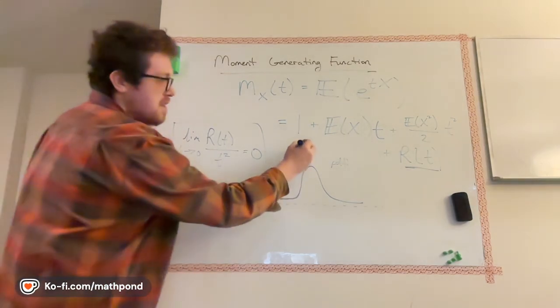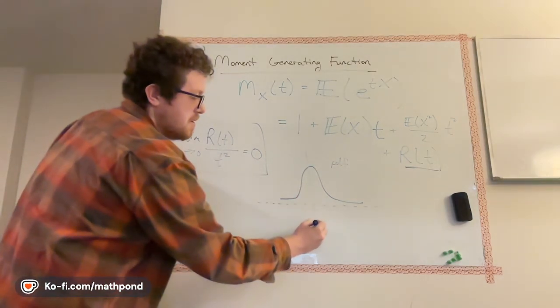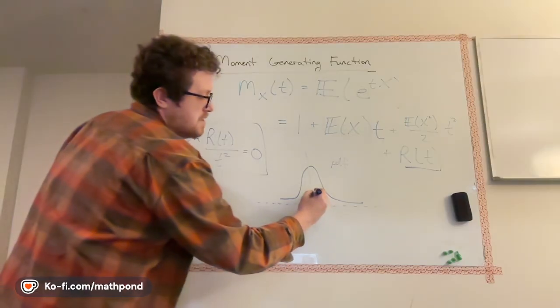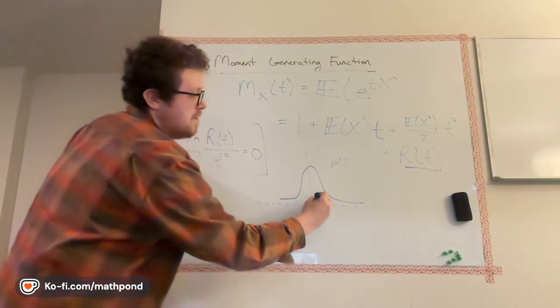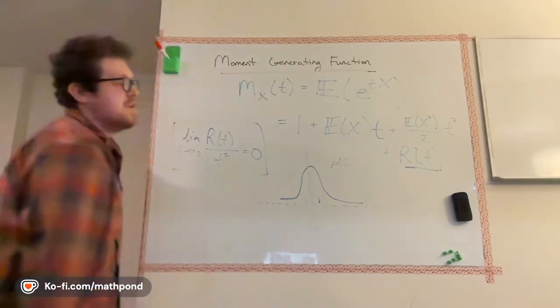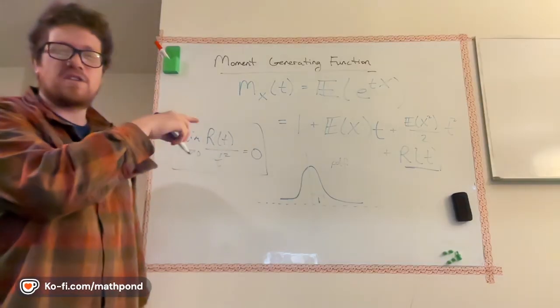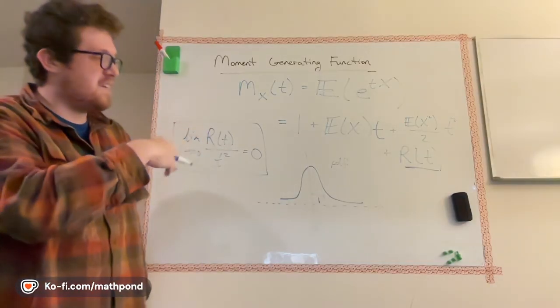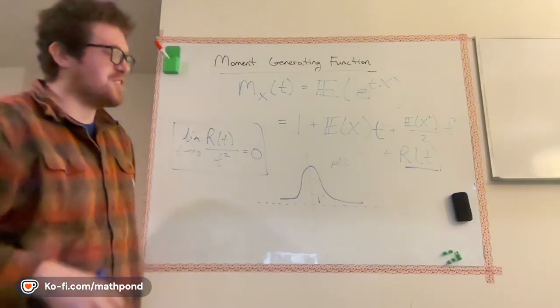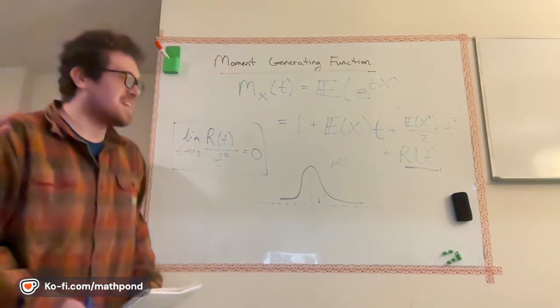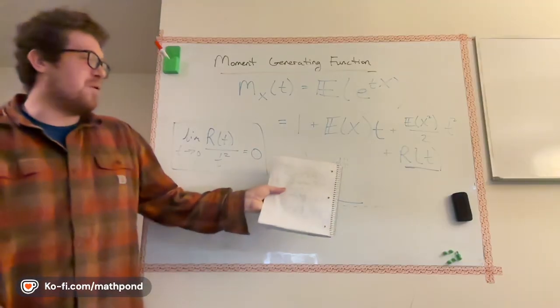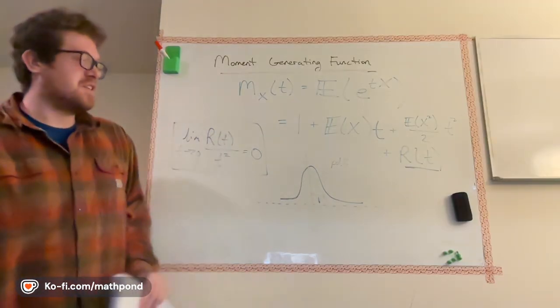It has mean 0 and standard deviation 1. I think the PDF is 1 over square root of 2 pi, but I forget it, and I won't need it. I just need the moment generating function.